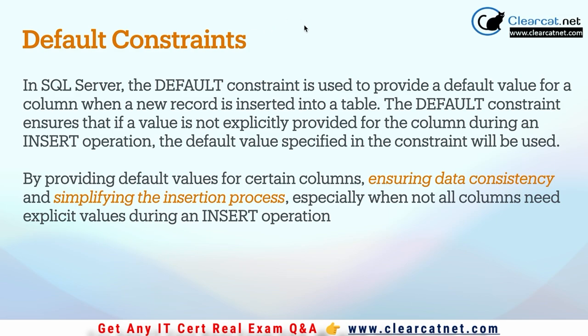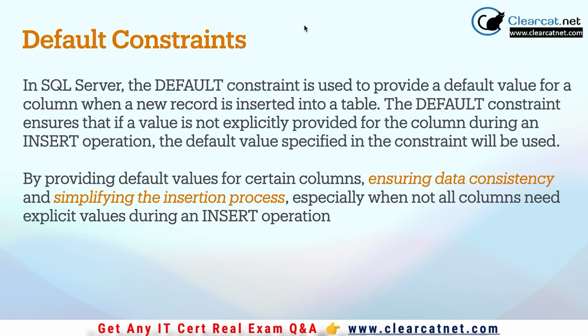As the name suggests, in SQL Server the default constraint is used to provide a default value for a column when a new record is inserted into the table. The default constraint ensures that if a value is not explicitly provided for a column during an insert operation, the default value specified in the constraint will be used.